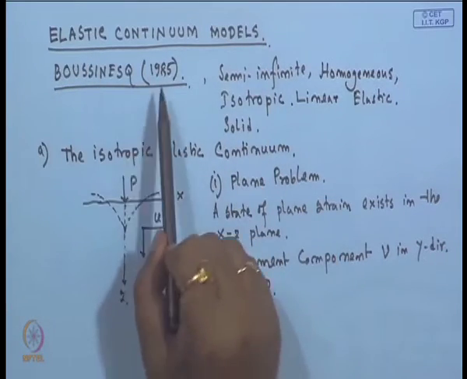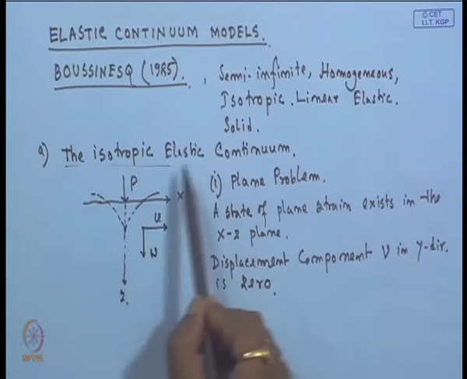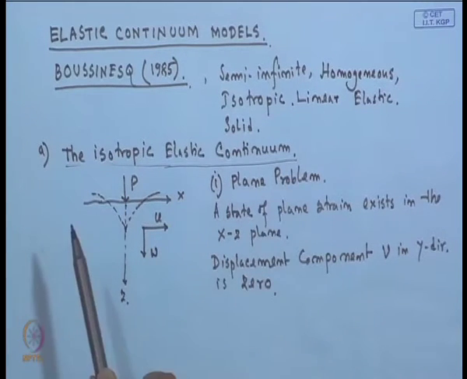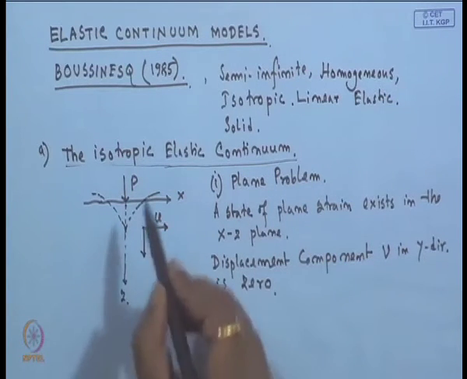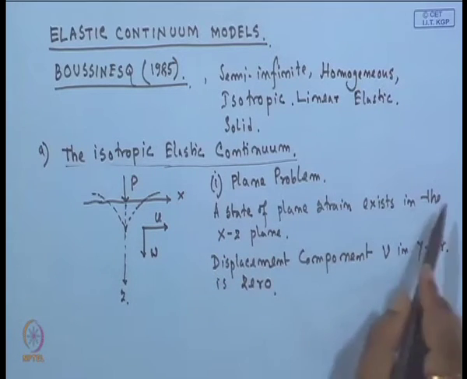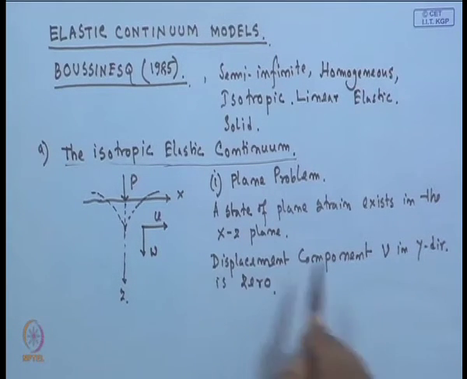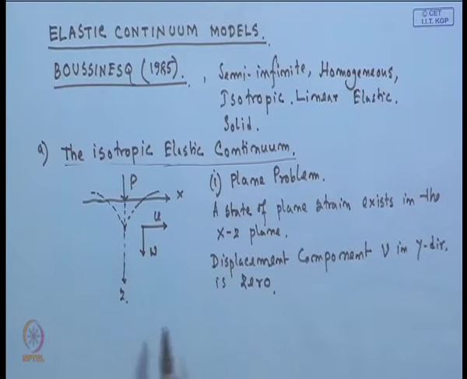Boussinesq first proposed the elastic continuum models. So, the first model that we are taking is the isotropic elastic continuum, where the plane strain problem exists. Suppose we apply a load P, the plane strain problem exists in the x-z plane and the displacement component v in the y direction is 0.